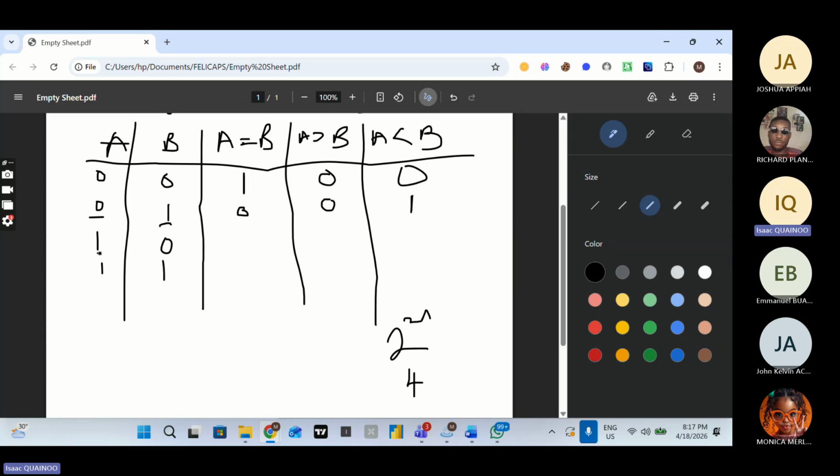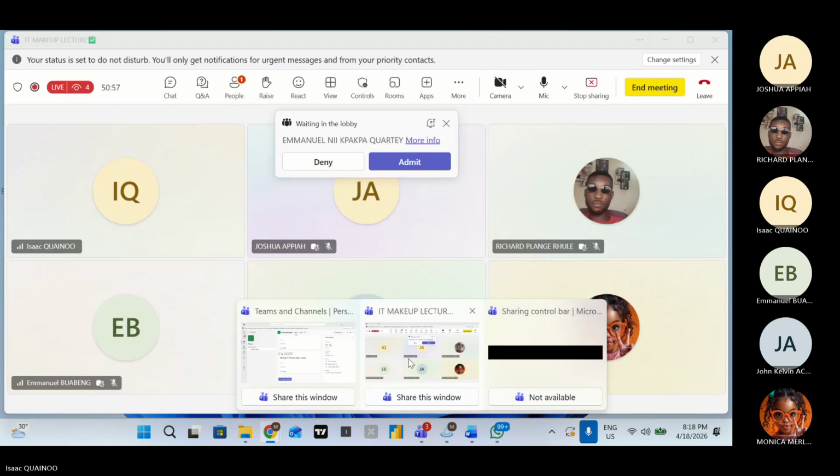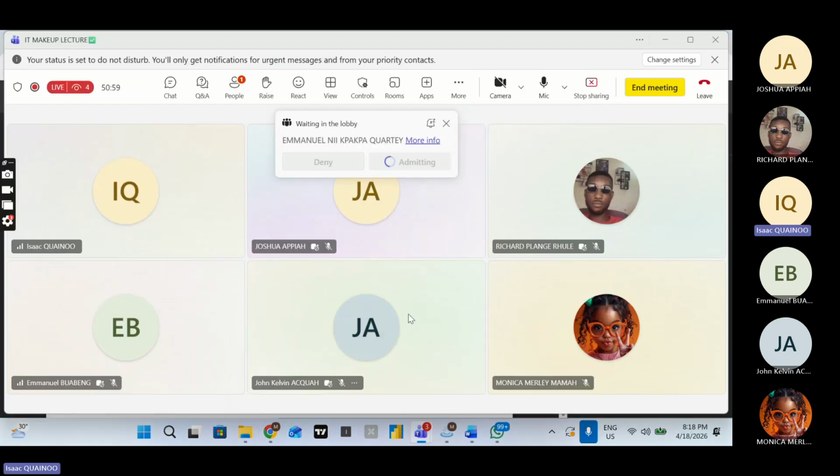So 1 and 0, we just have to also determine which one is going to be high, and then the rest will be 0. So we know 1 is greater than 0. So we know this is going to be 1. And then everything else is going to take 0. And then 1 and 1, we know this is equality, right? 1 is equal to 1.